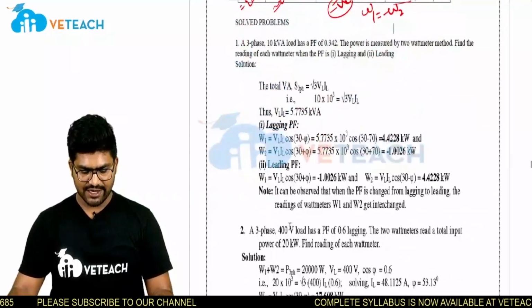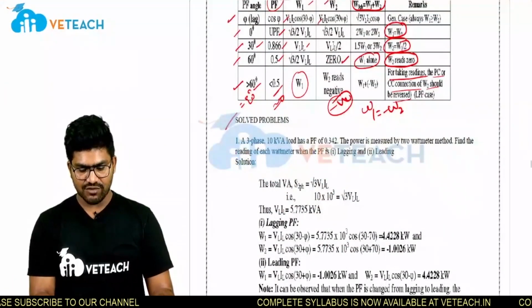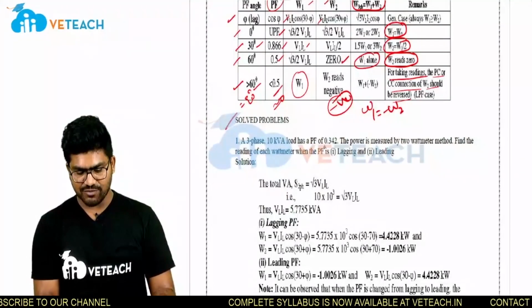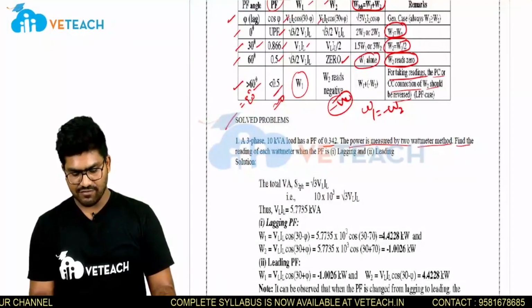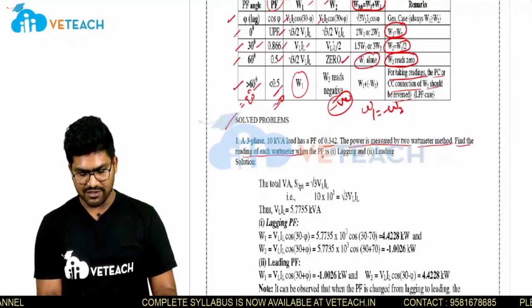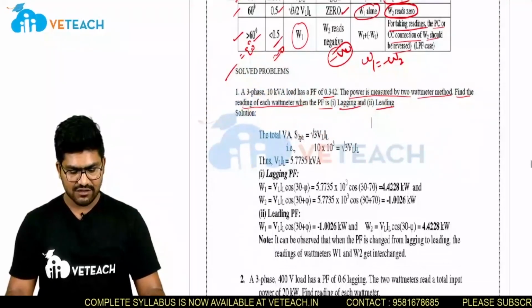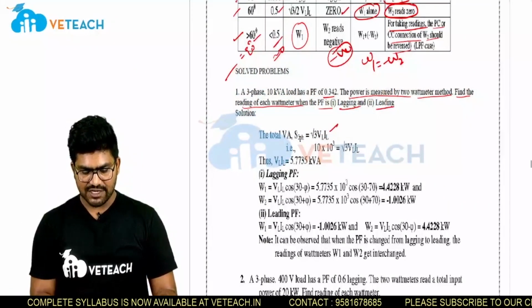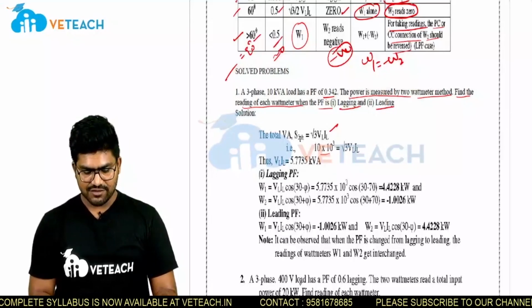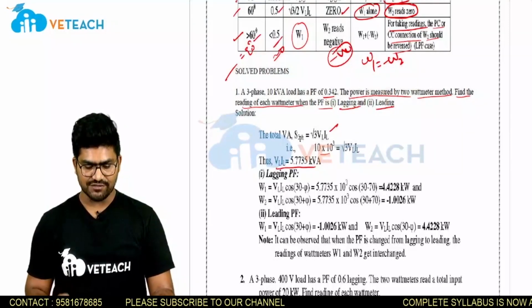So if I take an example problem: a 3-phase 10 kVA load has a power factor of 0.342. The power is measured by the 2 wattmeter method. Find the reading of each wattmeter when the power factor is lagging and leading. He has given a 3-phase power of 10 kVA, which is root 3 VL IL equal to 10 kVA. So I am getting VL IL as 5.7735 kV.